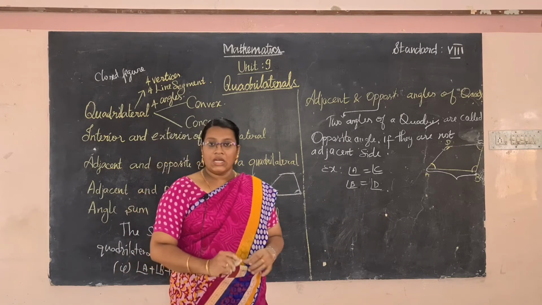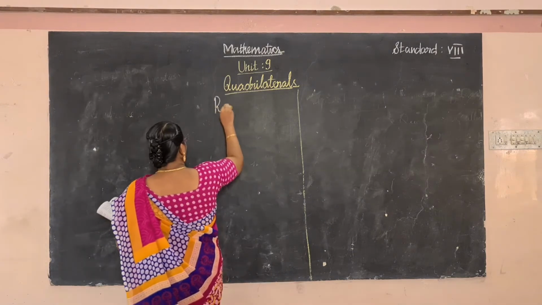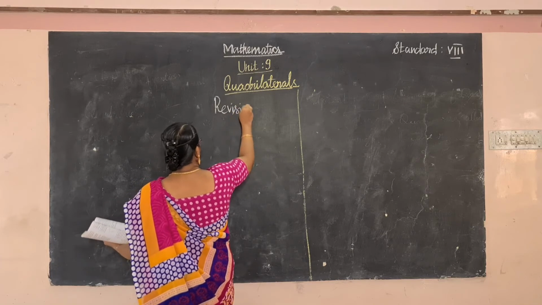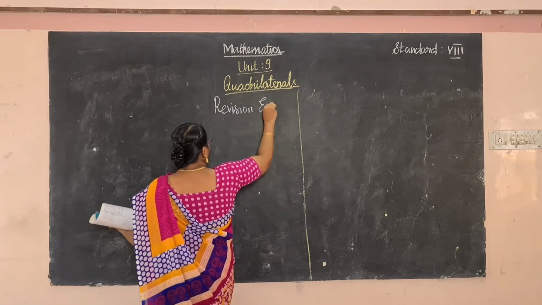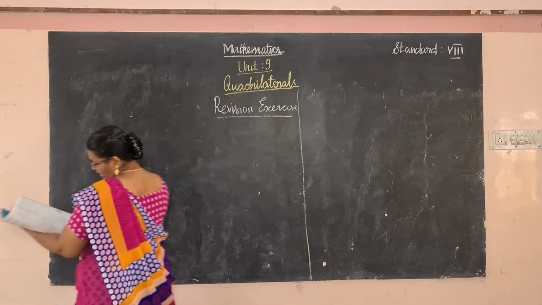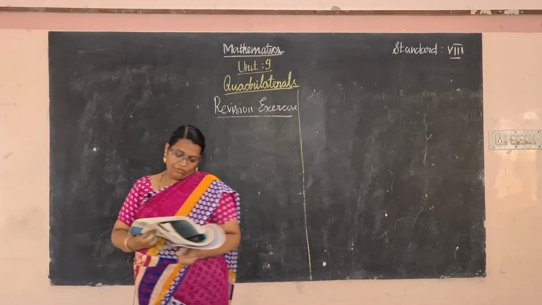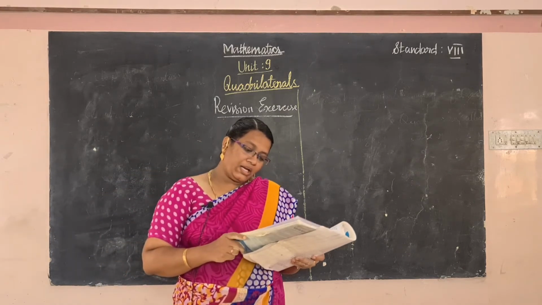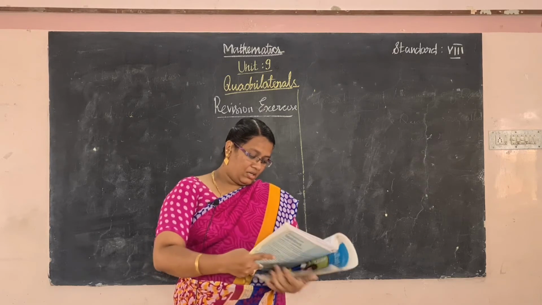Now move to the revision exercise. The first question, which of the following group of angles can be the 4 angles of the quadrilateral?